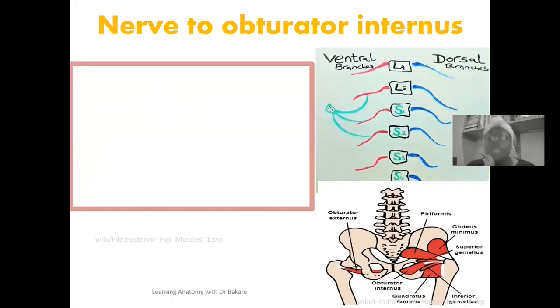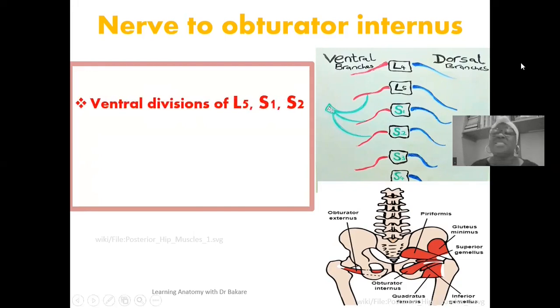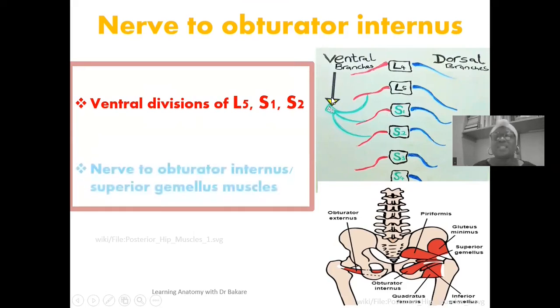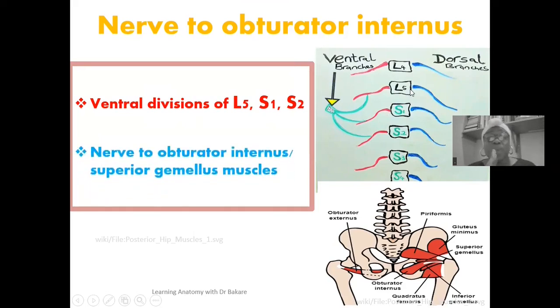The nerve to the obturator internus also emerges from the ventral divisions of the anterior rami of the sacral plexus. And they emerge from the ventral divisions of the anterior rami of L5, S1, and S2. And this point is where they emerge, arrowed here in yellow. And of course, they innervate the obturator internus and also the superior gemellus muscle.